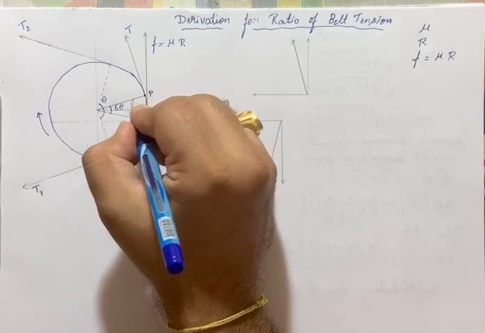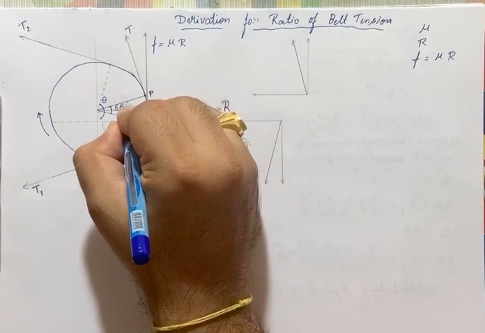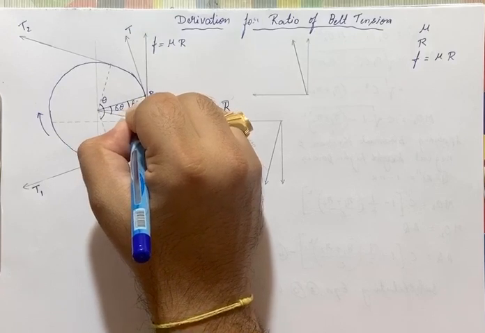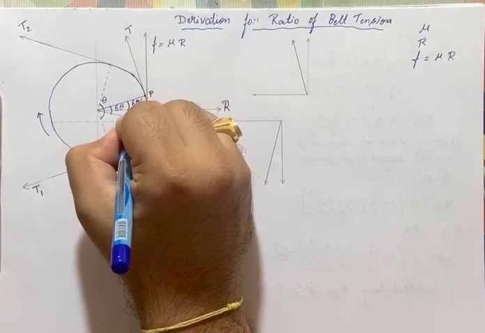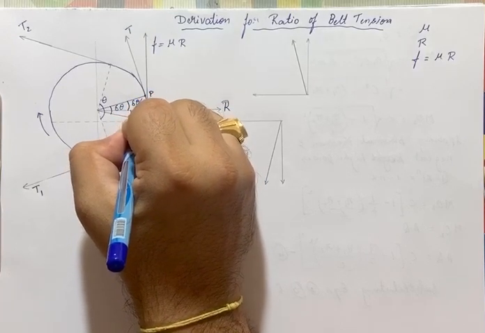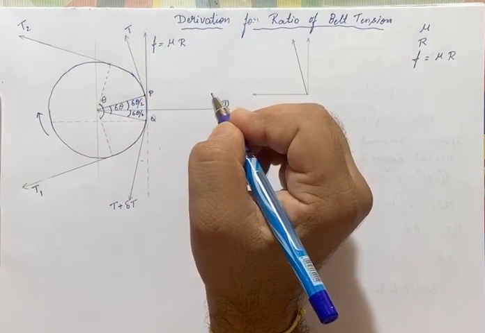Now what will be this angle? This angle I can call delta theta by 2. Similarly, this angle will be delta theta by 2 here.